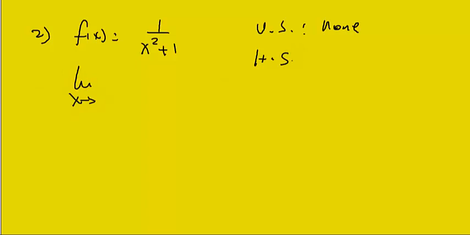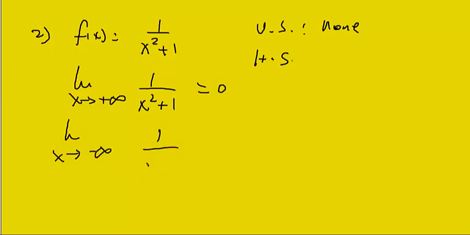Limit as x goes to positive infinity of 1 over x squared plus 1. Where's this going to go to? 0. Limit as x goes to negative infinity of 1 over x squared plus 1. Where's this going to go to? 0. So I only have one, and that is y is equal to 0.